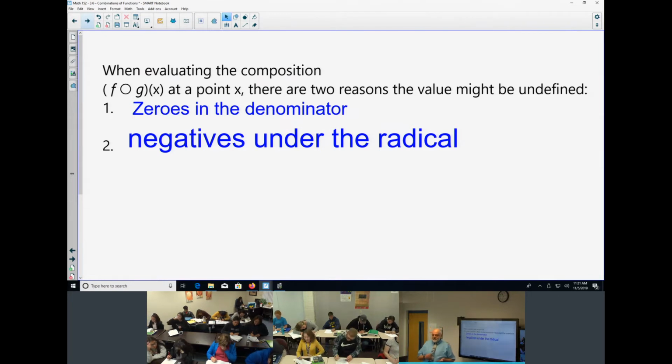Again, it's zeros in the denominator and negatives underneath the radical. You always have to look out for those two things when you're doing function composition.